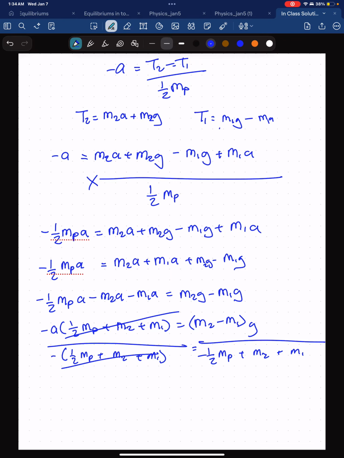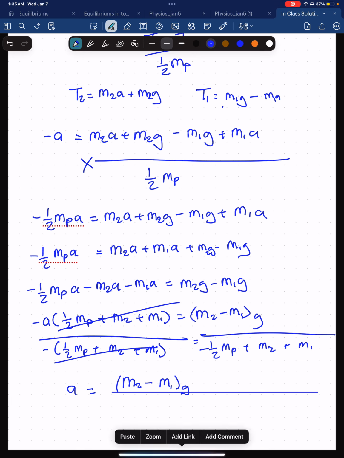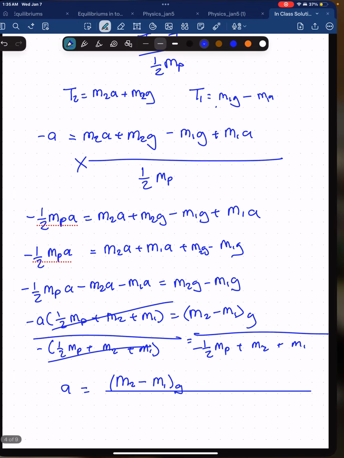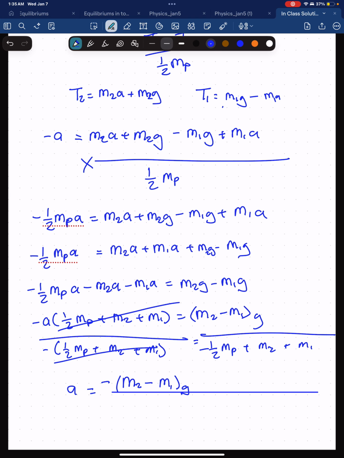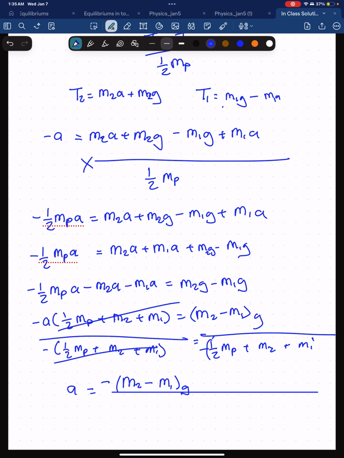And then I get that my positive A is going to be equal to M2 minus M1, G, over, I'm going to take this minus sign up here, because this is multiplied by brackets here, by the way.